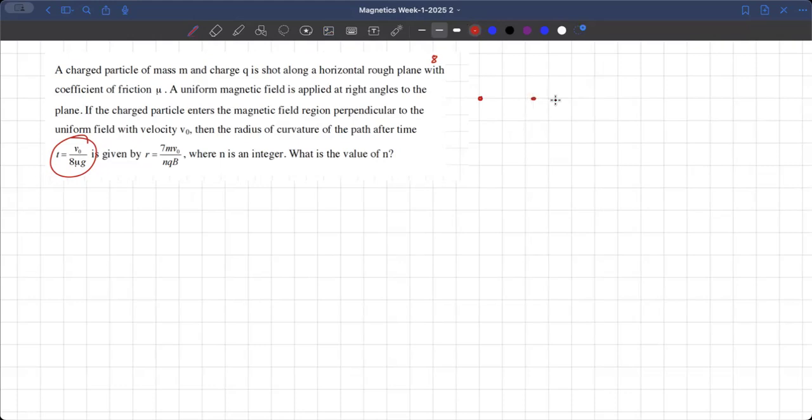We assume that the magnetic field is outward. Outward magnetic field. And you projected a charge here.